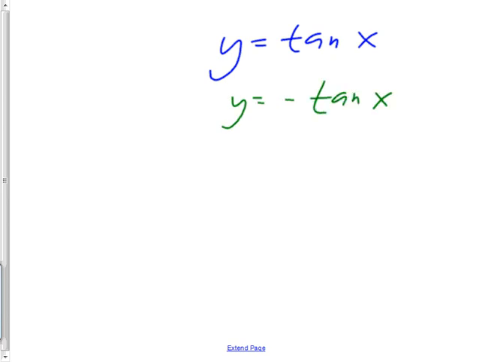All right, here's another one that would be fairly easy. Sketch me tangent first. Make a new one, sketch me tangent. And then, after you got tangent graphed, with a dotted line, make me negative tangent. Put a negative out front, see what happens.